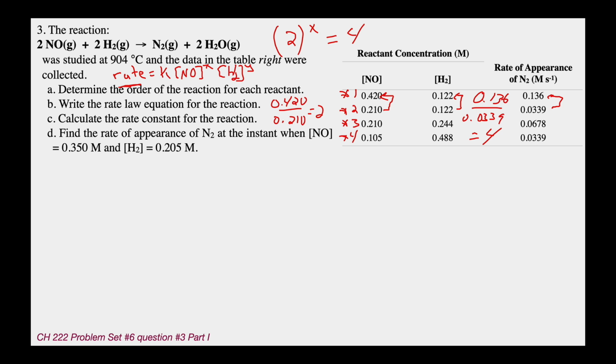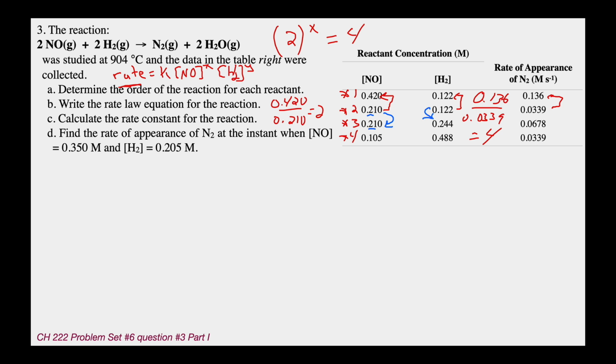Now, for H2, we want to also find a set of conditions where the NO is not changing, but the H2 is. So I would use number 3 and number 2, because notice that NO is 0.210 on both of those, but H2 goes from 0.122 to 0.244. H2, 0.244 divided by 0.122, that's a factor change of 2.